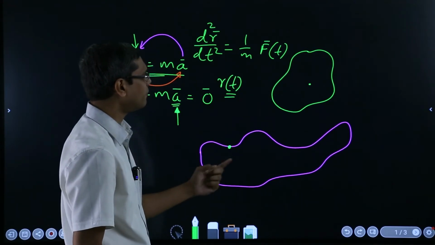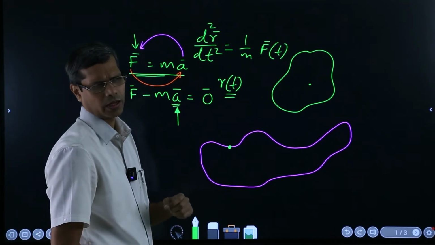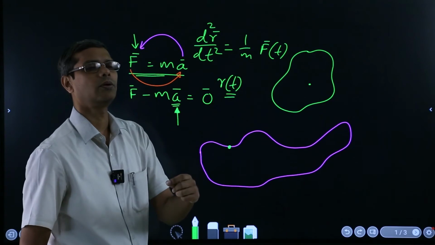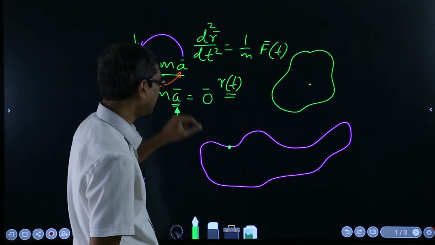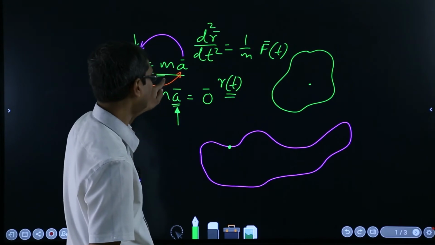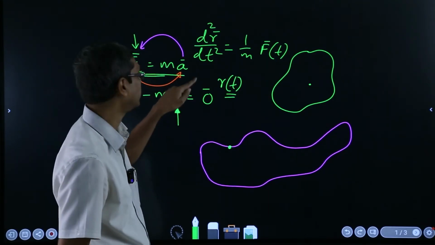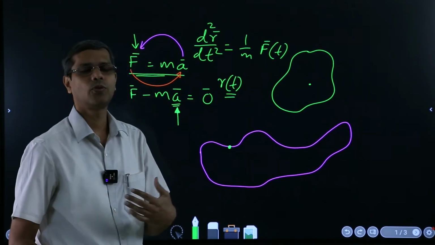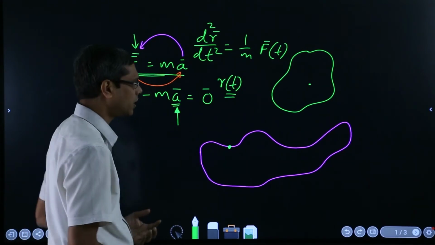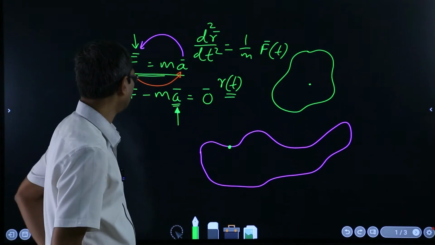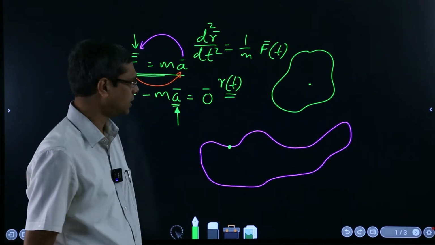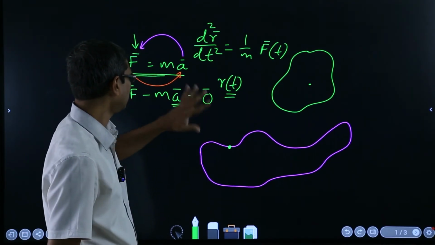Still, at every location in space or every location in time, we can calculate the acceleration, and then just by multiplying with mass, we can tell how much force is actually acting on that particle. So these are the two ways to look at this single equation.